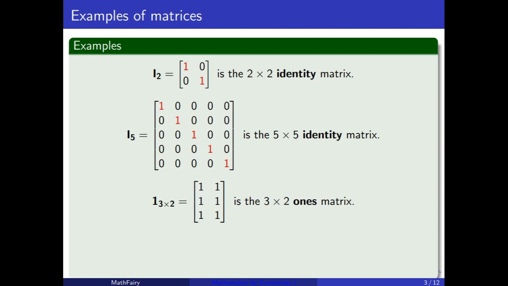For the third example, we have the 3 by 2 ones matrix, which means that it's a 3 rows and 2 columns matrix, all populated by ones. Finally, we have some general matrix. This one is a 2 by 3 matrix with some general entries such as -2, 0.11, pi, the cosine of 43.5 degrees, and so on. So basically we can have whatever numbers in matrices.